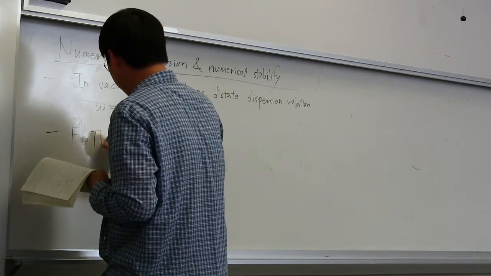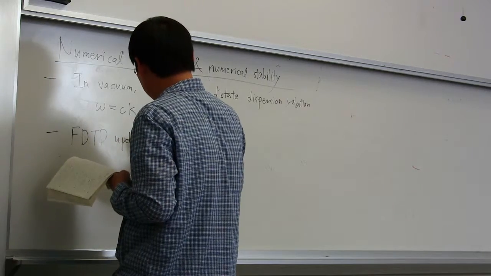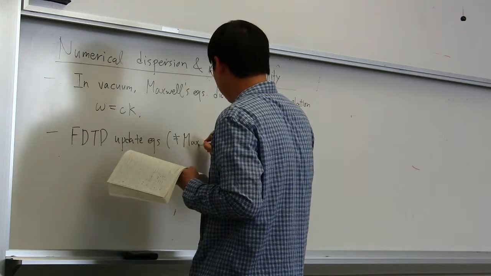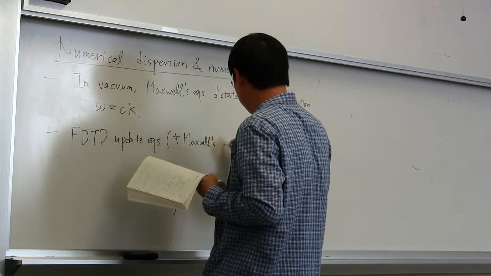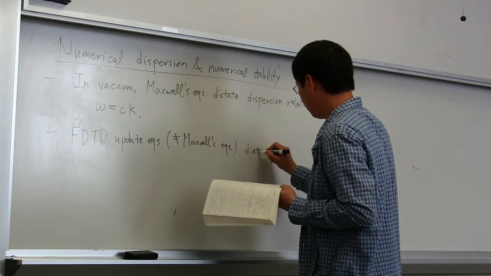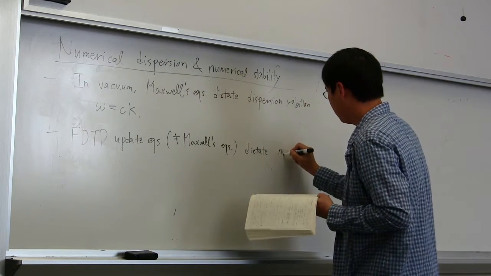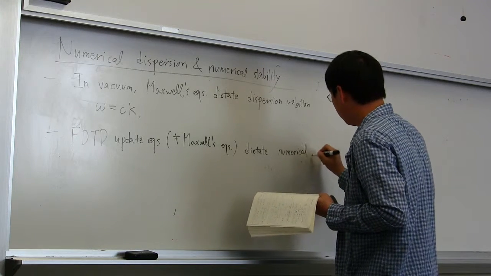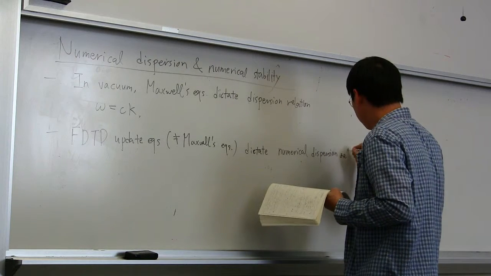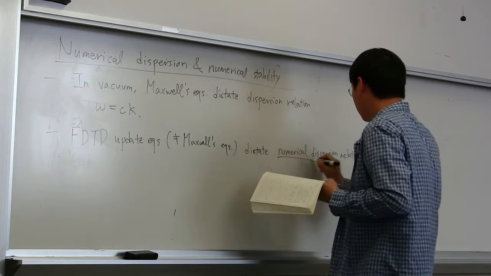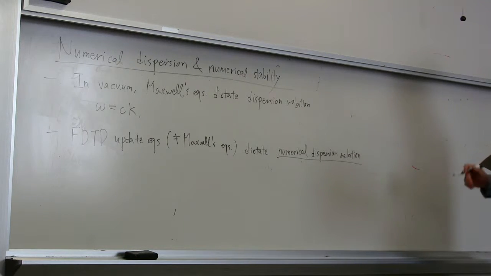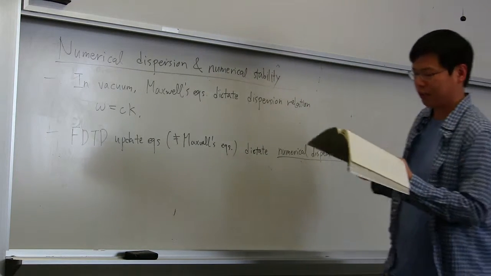So FDTD update equation, which is different from Maxwell's equations, dictates something called numerical dispersion relation.